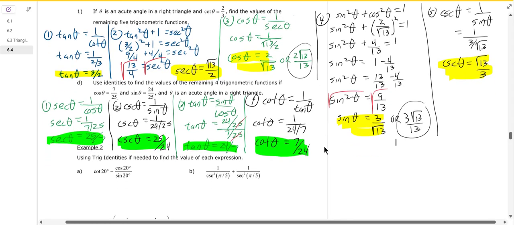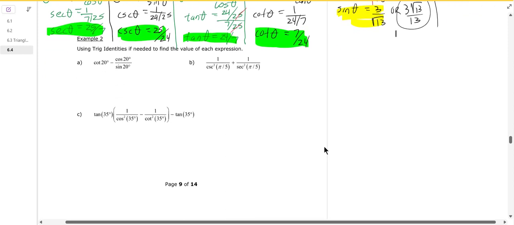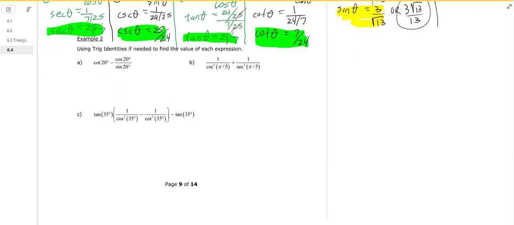Okay, next thing I want to do is example 2, using identities to simplify expressions. All of these angles are 20 degrees. That's real important. So I'm going to bring down the cotangent of 20 degrees. We have the identity that says the cotangent of theta is the cosine theta over sine theta.